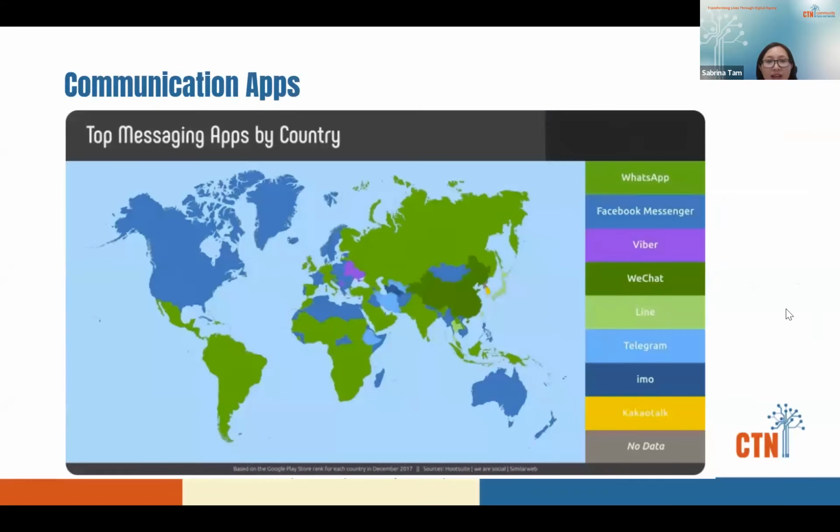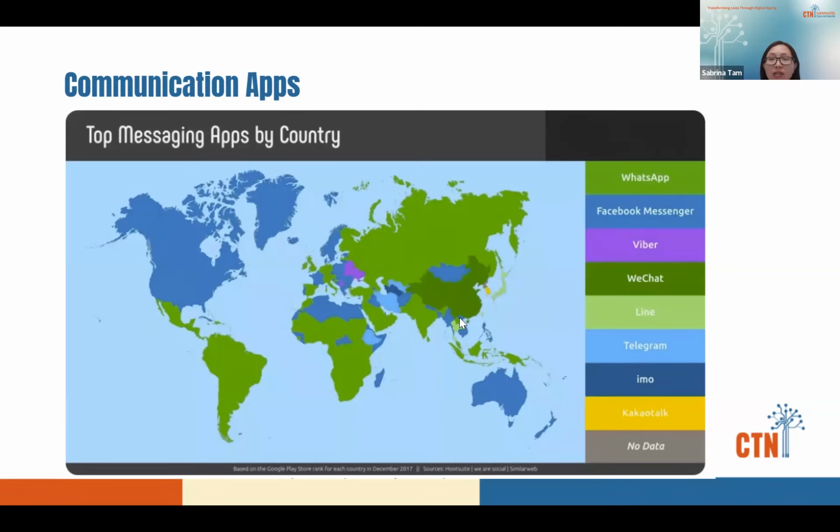Okay. We talked a little bit about how different countries or different regions may use different messaging apps. So WhatsApp is used a lot in the US, but also in Spanish speaking communities, they use WhatsApp a lot. WeChat is used primarily in China.